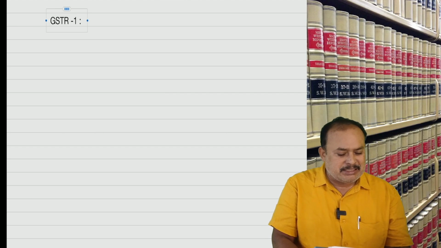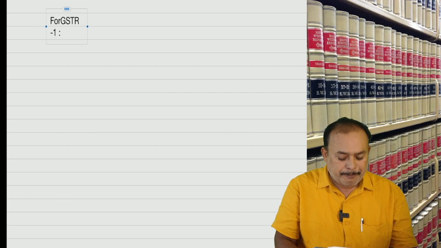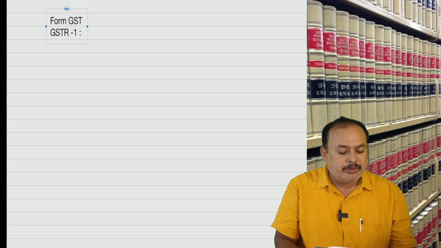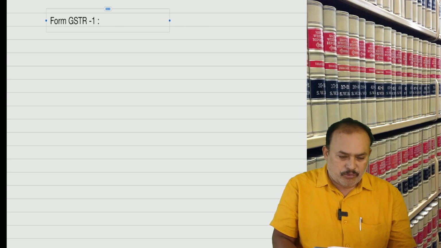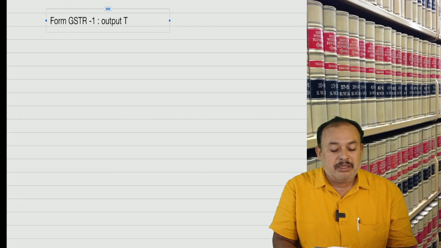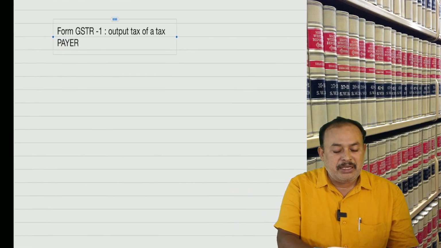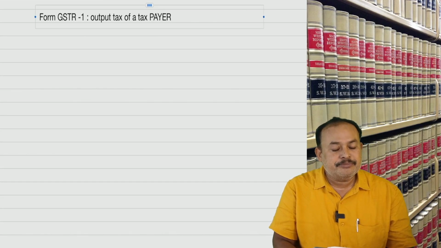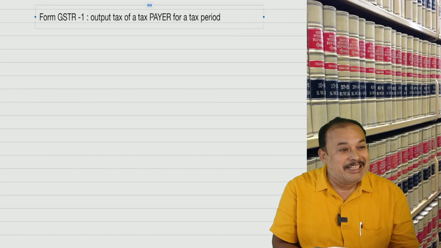The return form GSTR-1 is nothing but the output tax of a taxpayer for a tax period. Is that clear?